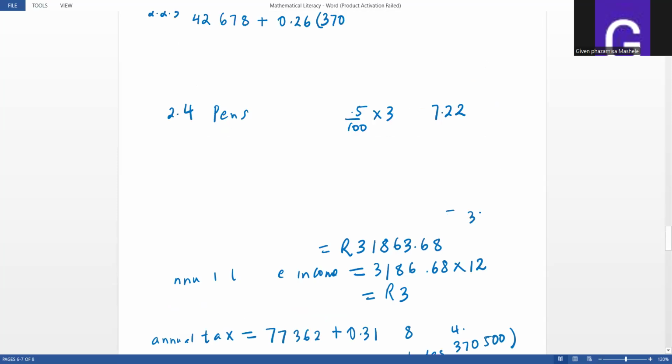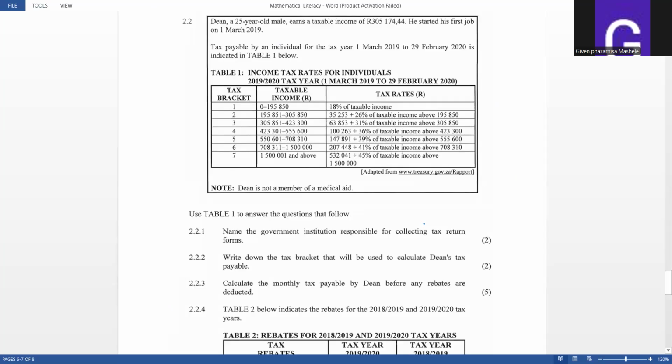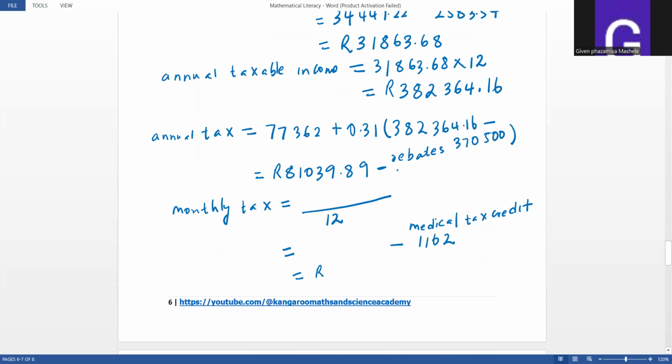So we need to subtract that from the annual tax before dividing by 12. So it's 16,425 for primary.